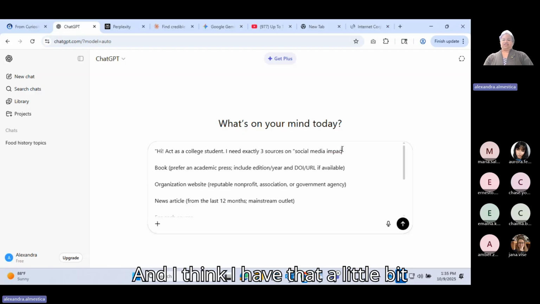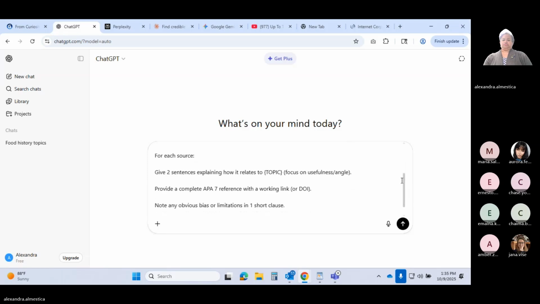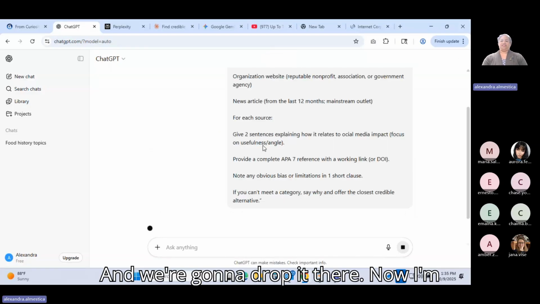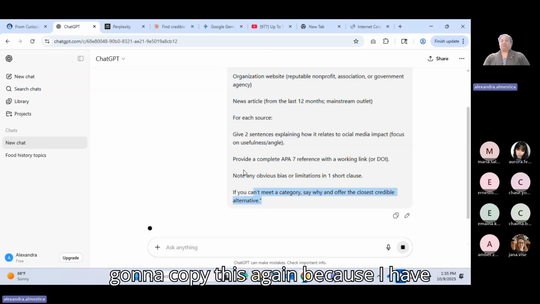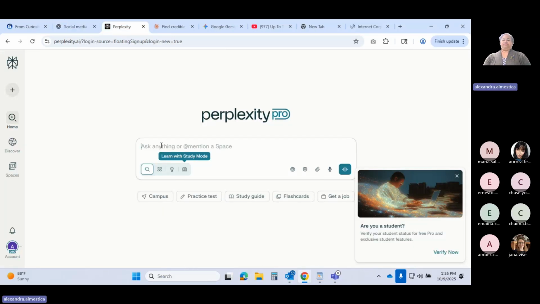And I think I have that a little bit further down too. And we're gonna drop it there. Now I'm gonna copy this again because I have other ones that are open.